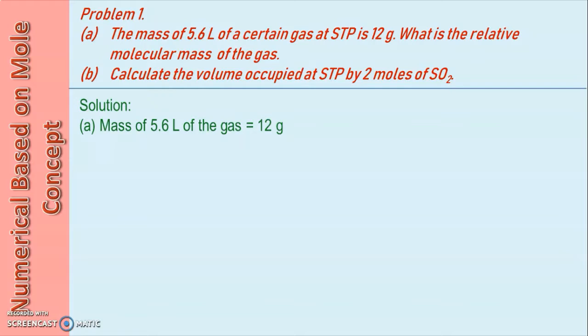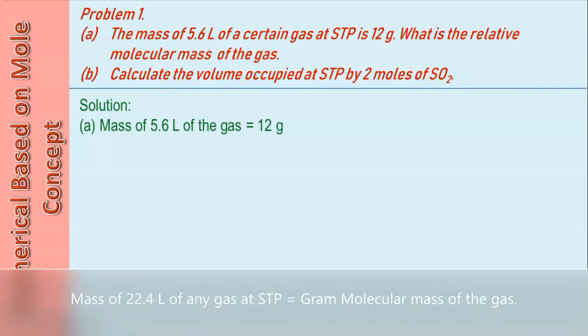For the relative molecular mass, we have to find out the gram molecular mass or the molar mass, because we know that 1 mole means 22.4 liter at STP. If it is a gas, the volume of 1 mole of a gas is 22.4 liter, and the mass of 1 mole is equal to its molar mass.